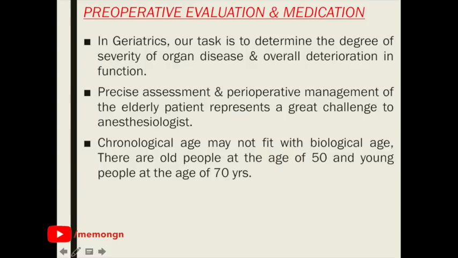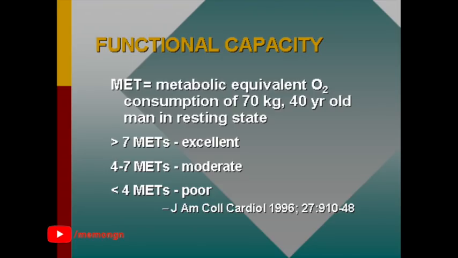Precise assessment and perioperative management represent a greater challenge to the anesthesiologist. It's not an easy job to do the preoperative assessment. We should be meticulous. The powerful tool which we have to assess the functional capacity is the metabolic equivalent of oxygen consumption, measured in a 70 kg, 40-year-old man in resting state.